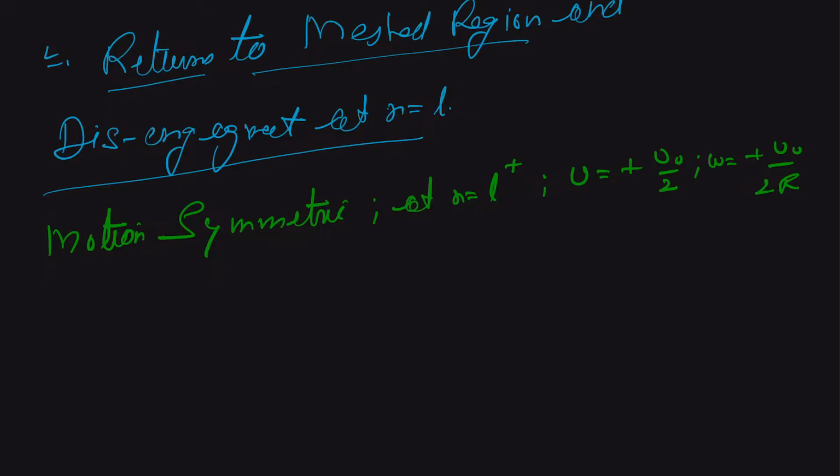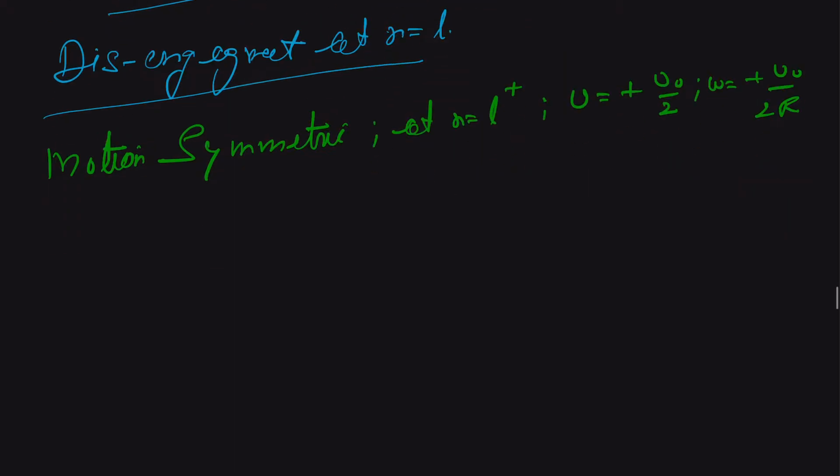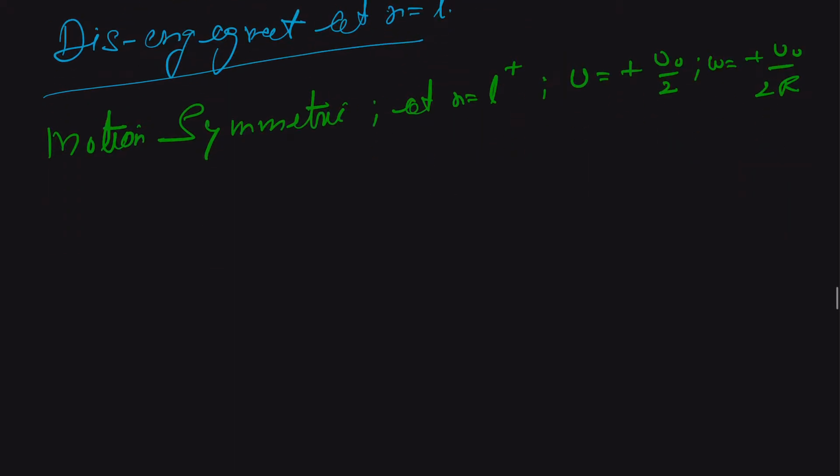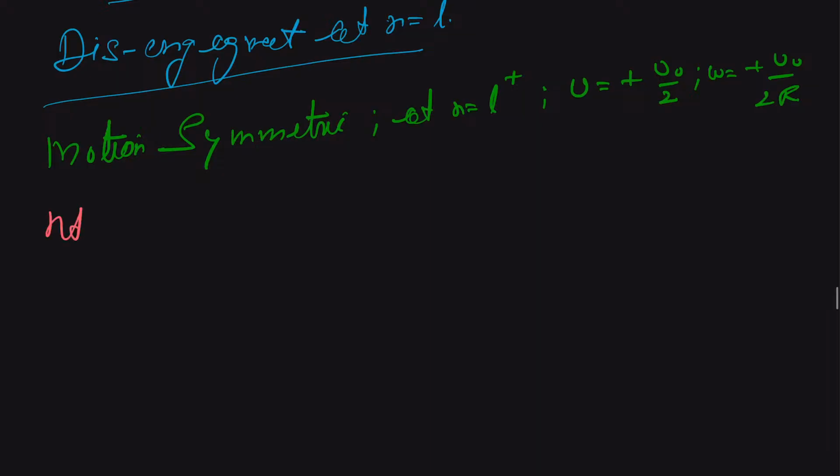At disengagement, when x is greater than L, there will be no impulse. If there is no impulse, there will be a smooth transition, so velocities are not going to change. At x greater than L there is no gear system and no friction, so we can say no impulse, and the velocity is unchanged.